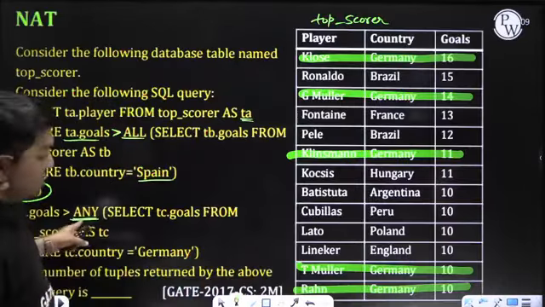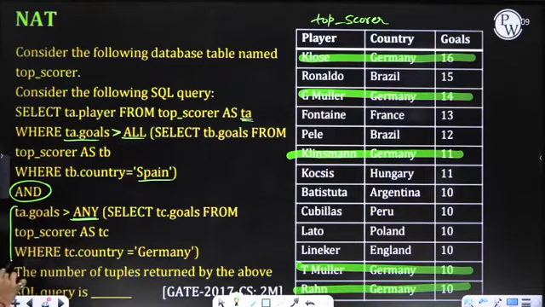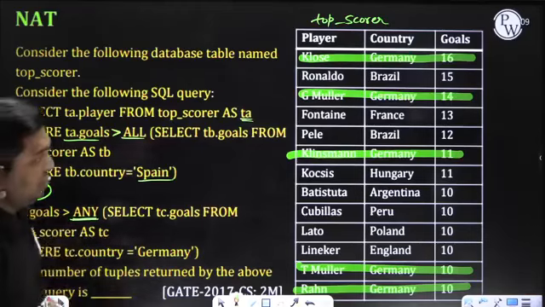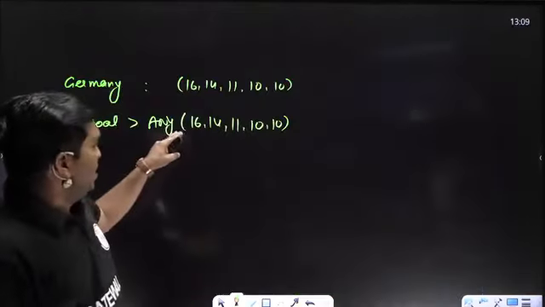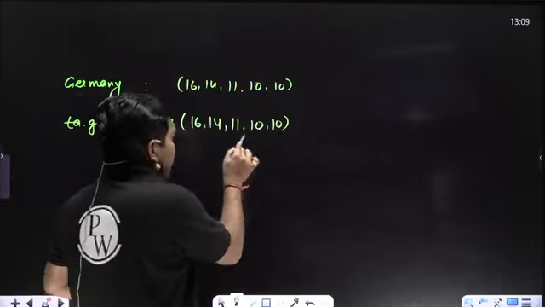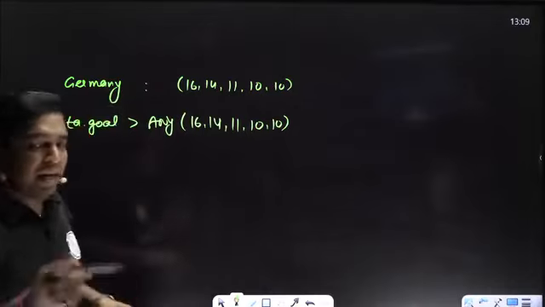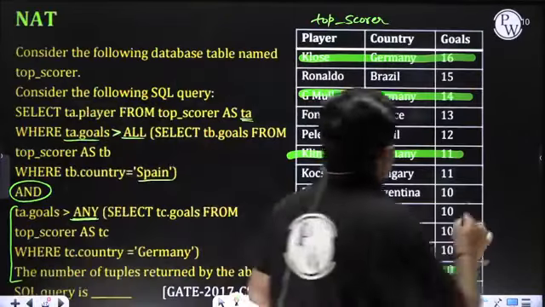Greater than, it is mentioned. So what will this query return, my dear student? This query will return the rows which have a goal greater than 10, because you know the working of any: greater than 16 or greater than 14 or greater than 11 or greater than 10. So if you get values greater than 10, that will be counted. So how many are greater than 10?